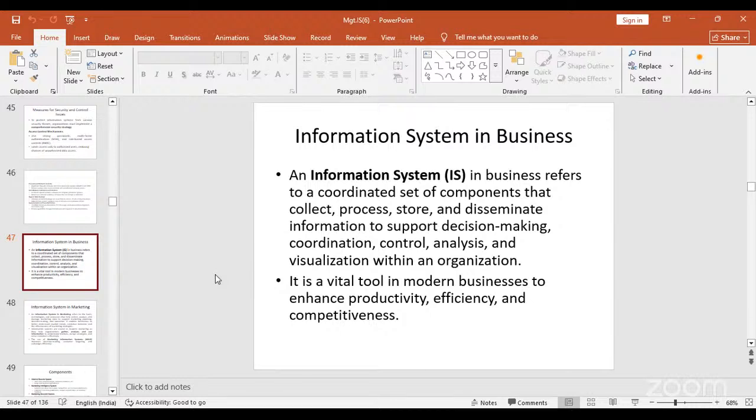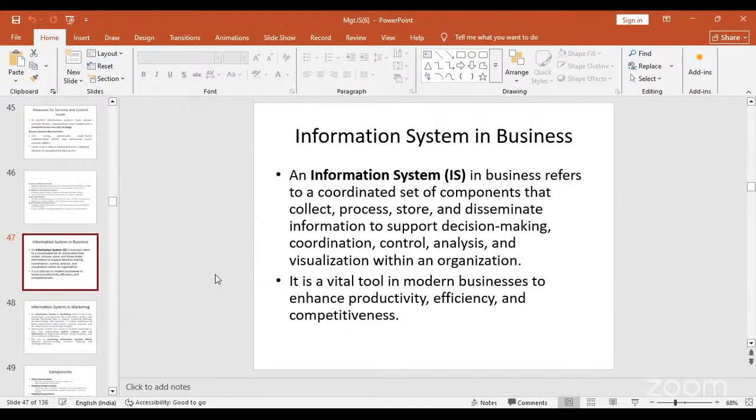And what is the role of information system? It supports decision making, coordination, control, analysis, and visualization. Visualization means reporting; it will show the details. It provides a facility to analyze the data.